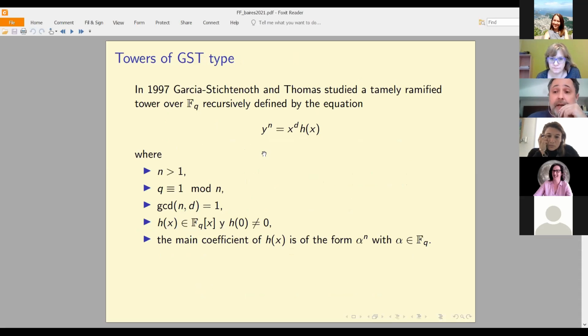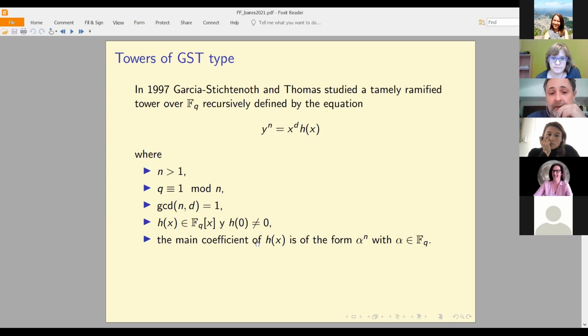A special kind of tower was studied by Garcia, Stichtenoth and Thomas in 1997. And the equation is given by this shape: y^n = x^d h(x), with these conditions. Always n has to be bigger than 1, otherwise you will have a linear equation here and you don't get a tower. q has to be congruent to 1 mod n. This gives you that all the nth roots of unity are in F_q. n and d have to be coprime, and the polynomial h has a non-zero constant term.